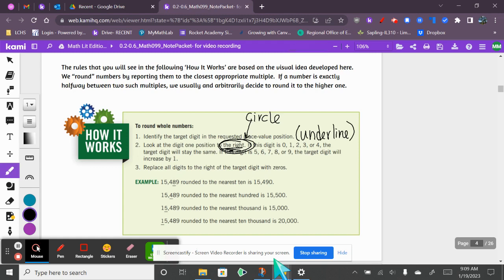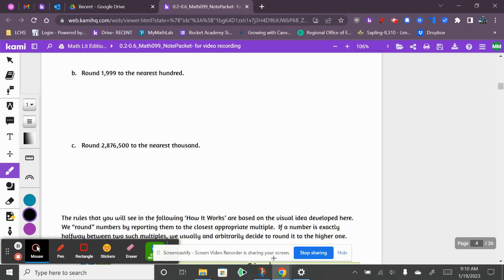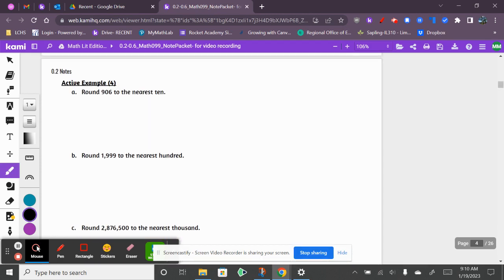If the digit that we circle is 0, 1, 2, 3, or 4, then the underlined one is going to stay the same. If it's 5, 6, 7, 8, or 9, the target digit, the one that's underlined, will increase by 1. So for this one, it says to round to the nearest tens place.